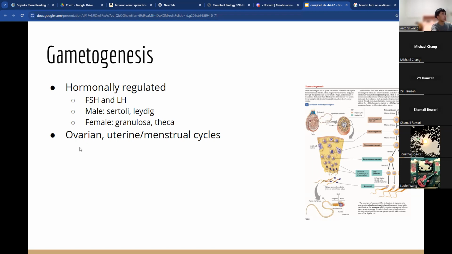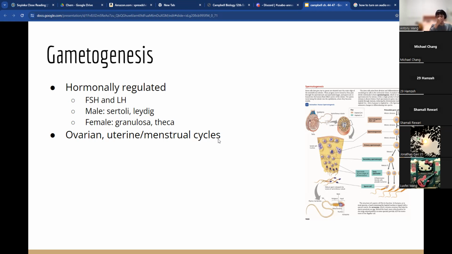And the ovarian and uterine or menstrual cycles, I think it's good to distinguish these two. They're both one month long, but the menstrual cycle talks about the thickening of the lining of the uterus.